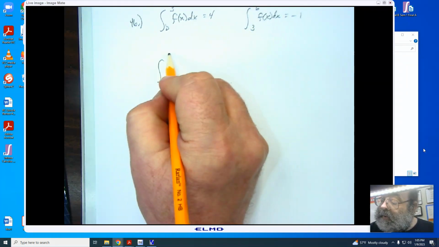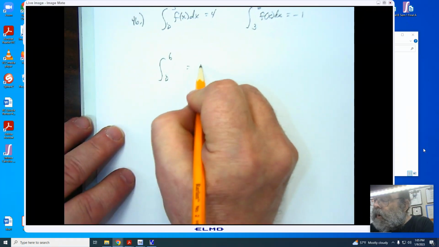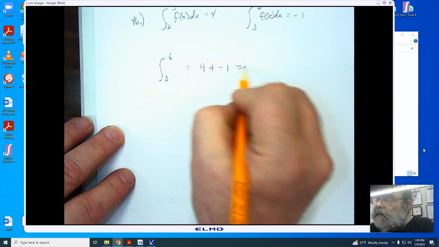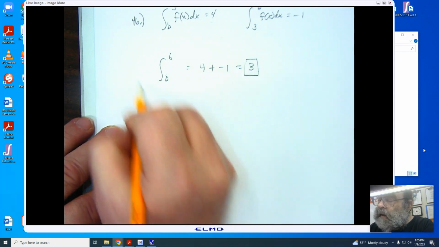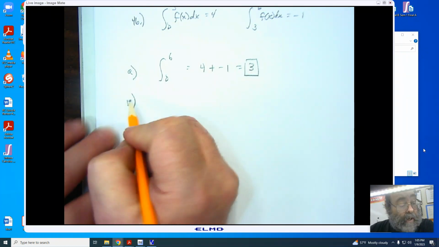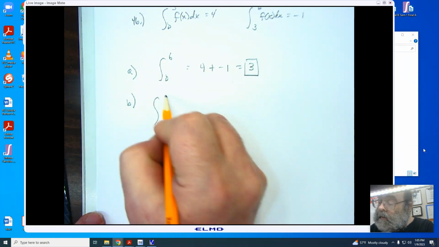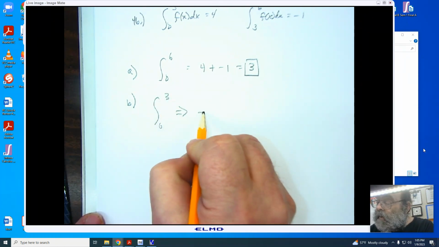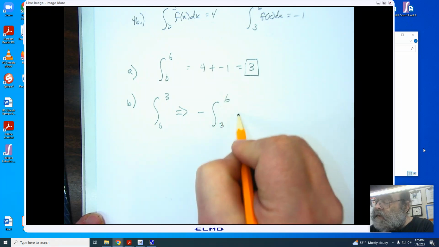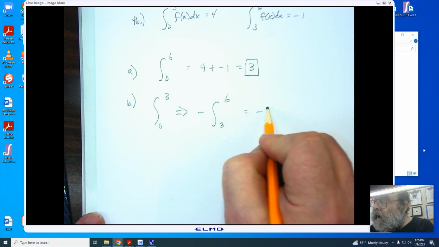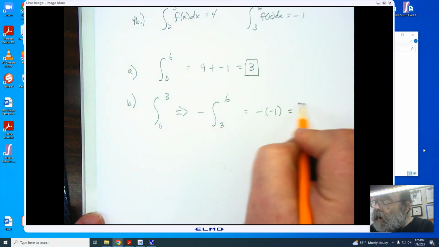So if I want 0 to 6, I'm going to take 4 plus negative 1, and I get 3. For B, if I want 6 to 3, it's inappropriately written and will be negative 3 to 6, and that gives me negative of negative 1 for a positive 1.